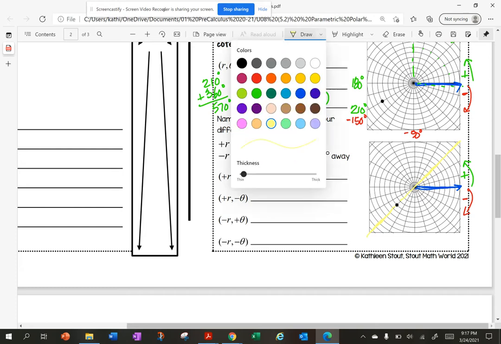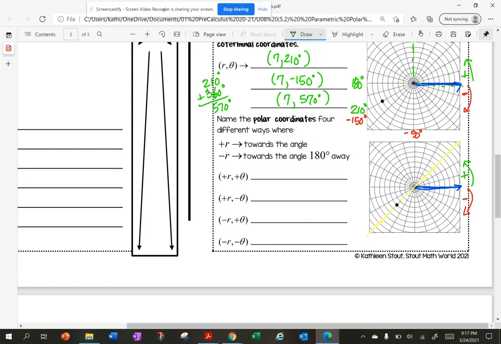Counting in the positive rotation, these are still 15 degrees each. This is 180 degrees here. So 15, 30, 45. So that's going to be 225 degrees in the positive rotation. And then on the other end, in the positive rotation, this is 15, 30, 45, so this is the 45-degree angle here.